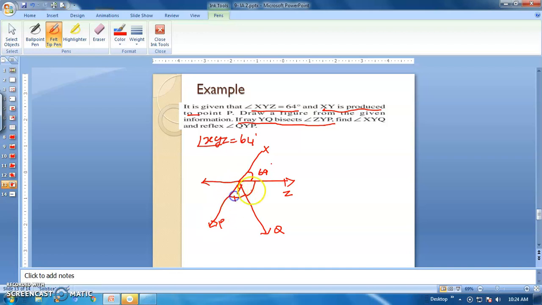Okay, so now these two angles are the same. Okay, so find XYQ. So they are asking to find XYQ. So this angle only they are asking here, right? So if you take this one as X, what about this one? So this one is also X definitely, because of the bisector. That's why. Okay.